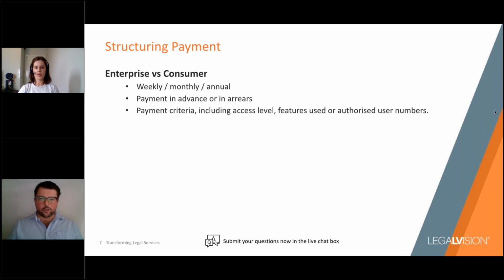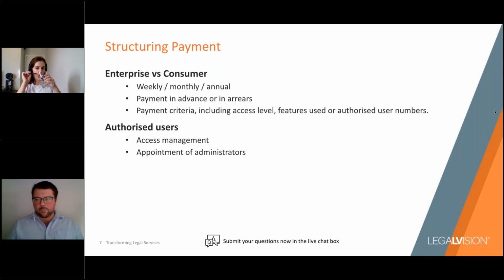So then, just talking more broadly on that authorized user issue, which is going to be really important in terms of the structure of the SaaS and the delivery of payment. Authorized users can be set up so that it provides a level of access management for the client, for yourself. And under the cloud-based solution, you have a lot of visibility over those authorized user numbers. You may choose to appoint administrators within those enterprise users. That has the benefit of empowering the businesses and making it a more marketable platform for them.